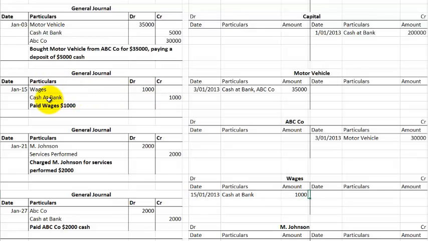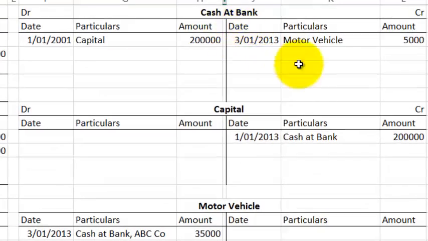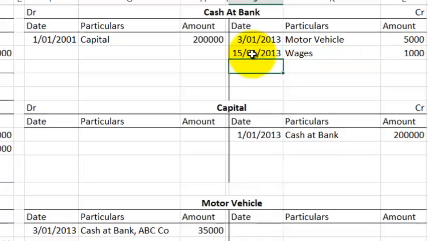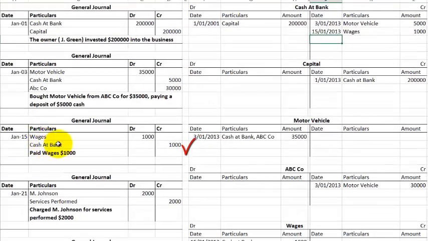And it says we've got to credit the cash at bank account for $1,000. So again, we go to our cash at bank account up here. It's on the 15th, and it's for wages for $1,000. So there's that one sorted. The credit to cash at bank account was put up there like that.